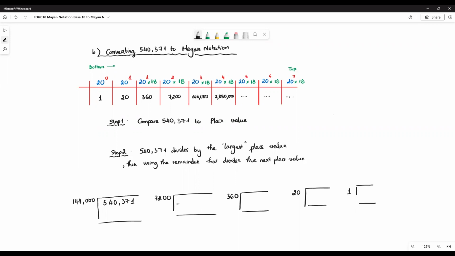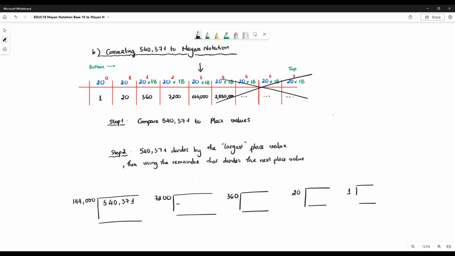So the first step, we compare this number to the place value. We cannot use a place value that is over the number we need to convert. And then the maximum place value we can have is 144,000.